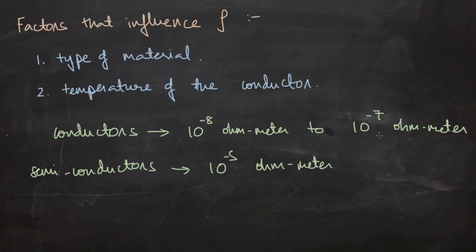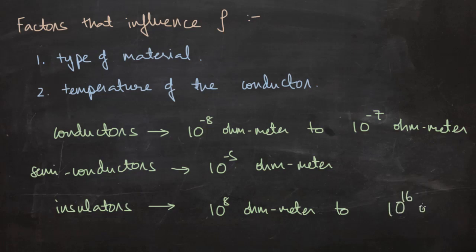These are not exact values, mind you, these are the ranges, that is, it lies around this range. Okay. Finally, insulators on the other hand, have resistivity in the range of 10 to the power of 8 ohm meter to 10 to the power of 16 ohm meter.